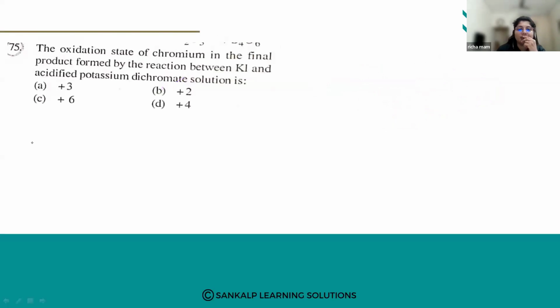What is the oxidation state of chromium in the final product formed by the reaction between KI and acidified potassium dichromate solution? When KI reacts with K2Cr2O7 in the presence of an acidic medium, you get Cr3+, I2, plus 7 H2O.